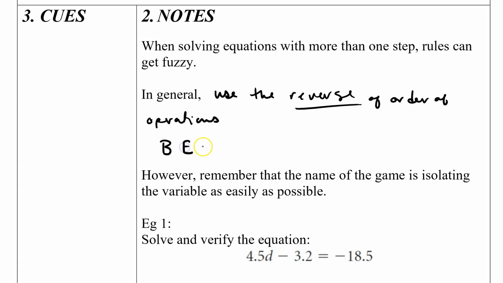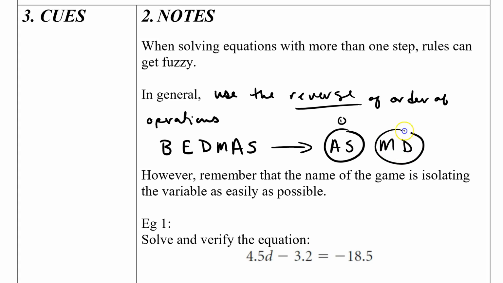We use the mnemonic BEDMAS or PEDMAS. But when we're dealing with equations, we tend to do the adding and subtracting first, and then we deal with the multiplication and division second. And at the very end, we deal with exponents.